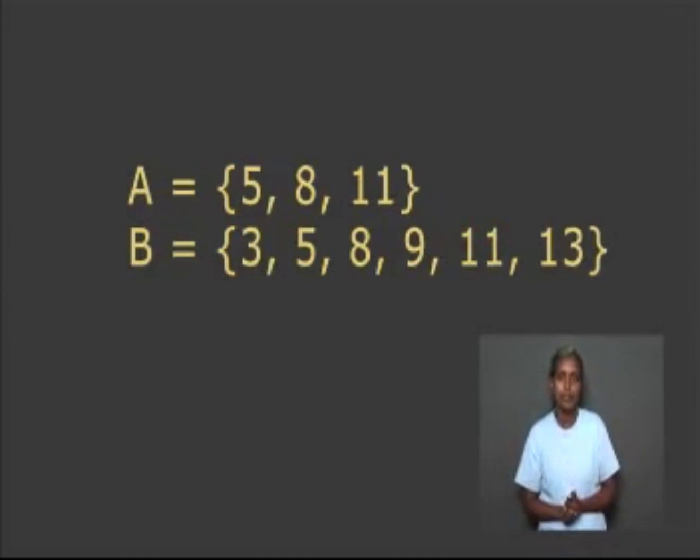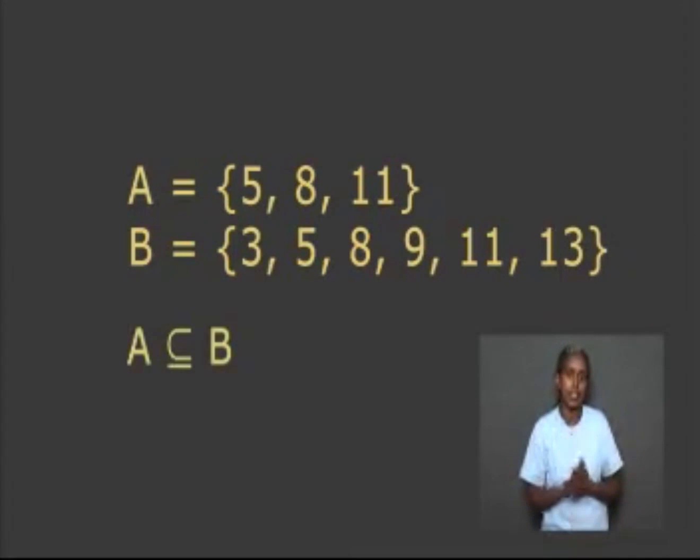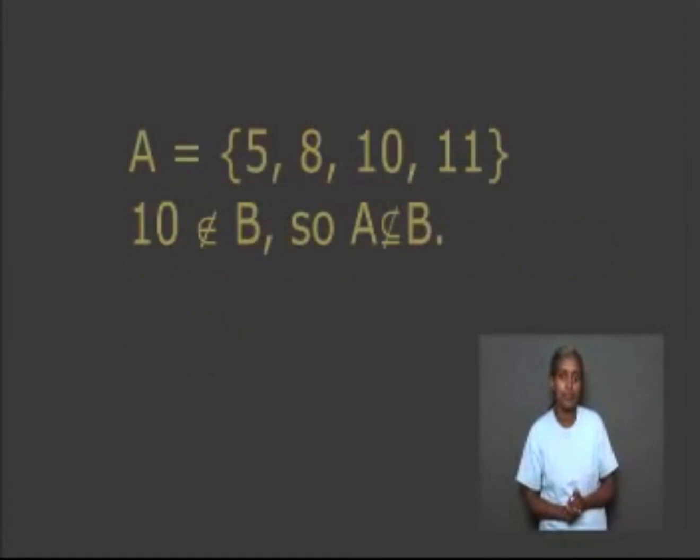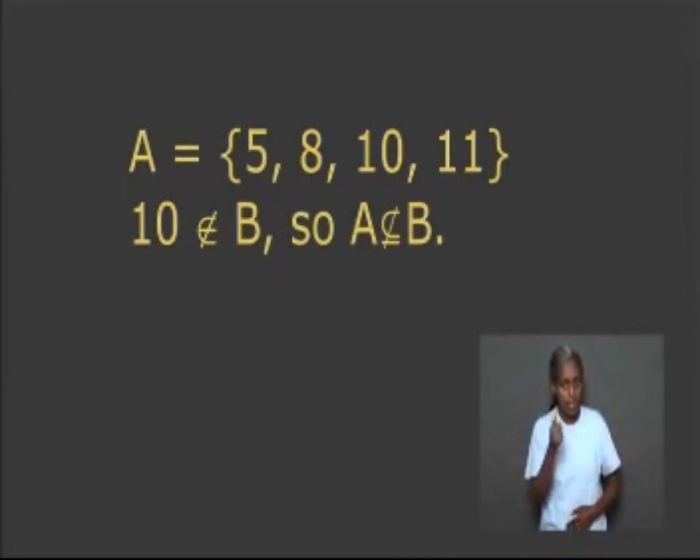Since each element of A is an element of B, we say that A is a subset of B, denoted like this. If the set A also included the element 10, A is no longer a subset of B because 10 is not an element of set B.